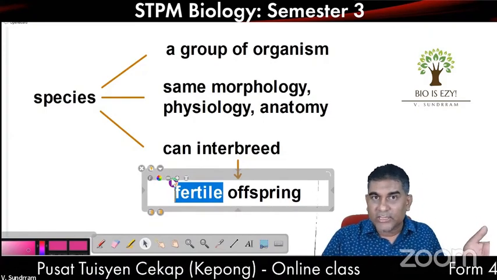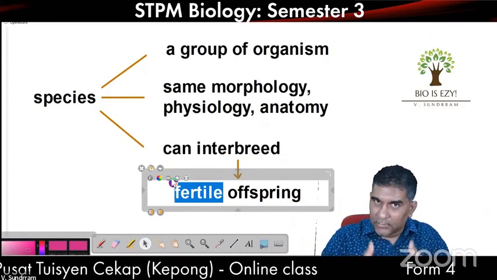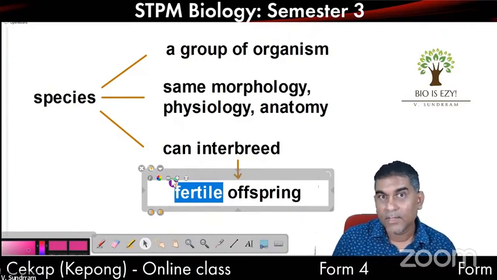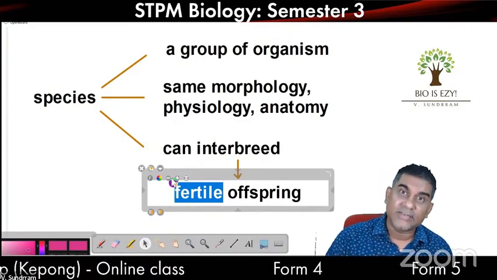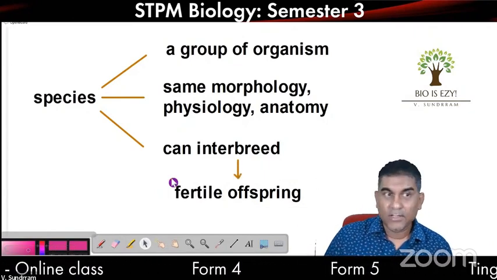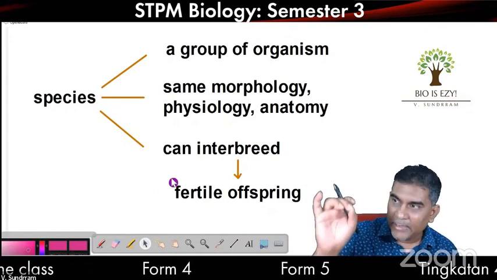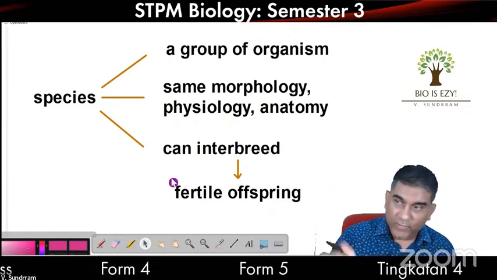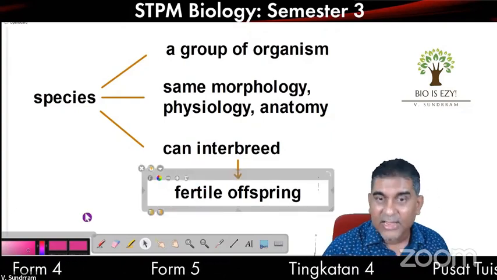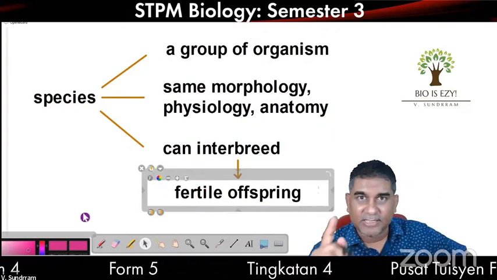Horse and donkey can reproduce, can get mule, M-U-L-E, mule, but the mule is sterile, cannot produce the next generation. So end of the day, the main criteria to know whether it's same or different species is, can they get fertile offspring? That's the ultimate test.